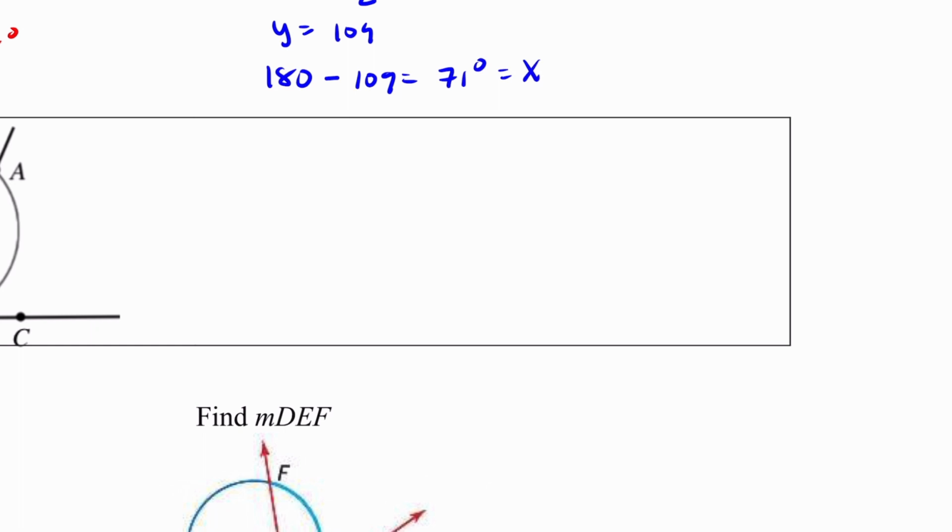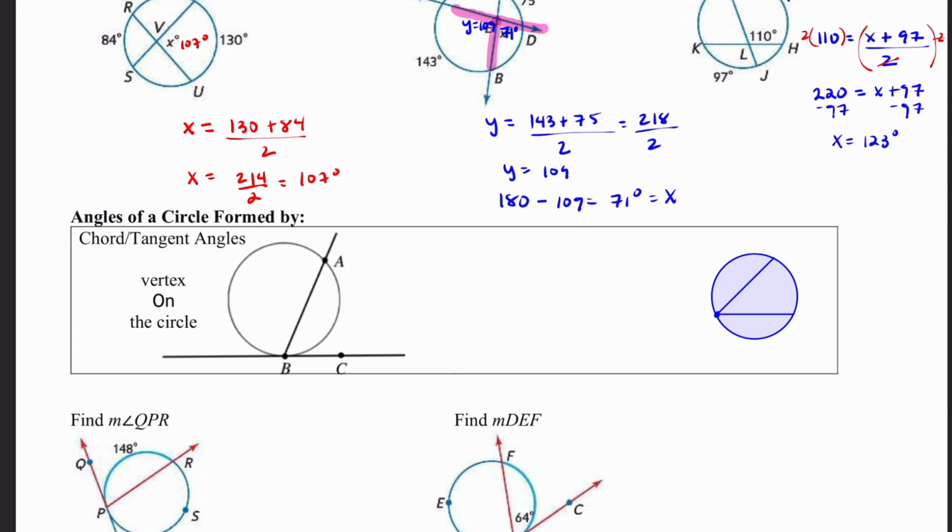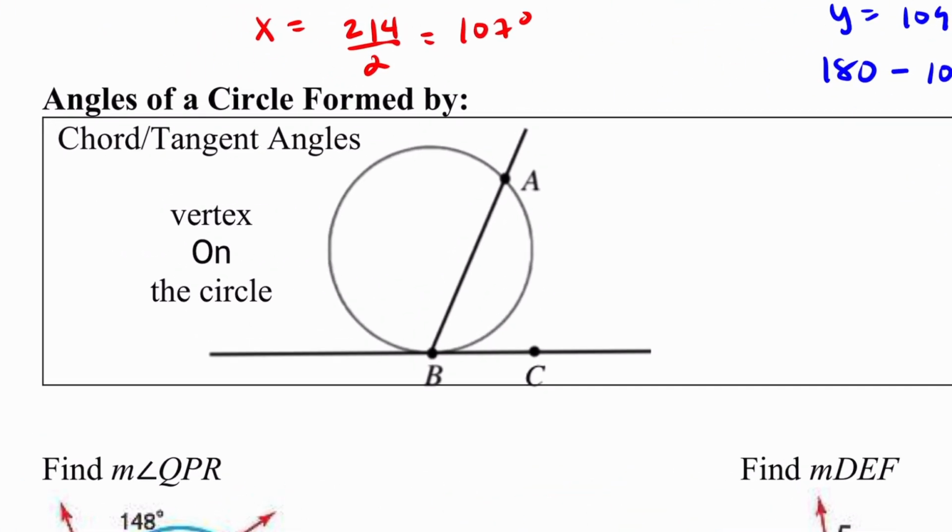Now, remember from the previous notes that if you have a circle and your vertex is literally on the circle, this is what we call an inscribed angle, where the angle is half of the intercepted arc. And that applies to this one as well. Here's my angle, this is the vertex, so think of this as an inscribed angle.